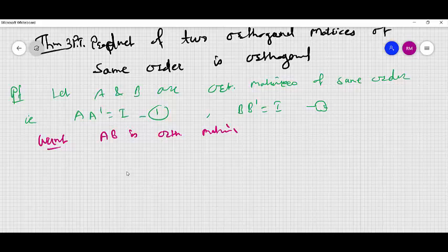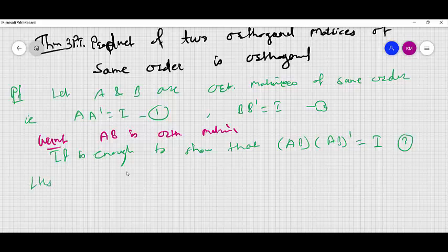So it is enough to show that AB into AB transpose is equal to identity. Suppose this is say 3. So take the LHS of 3. So we know the property of transpose.